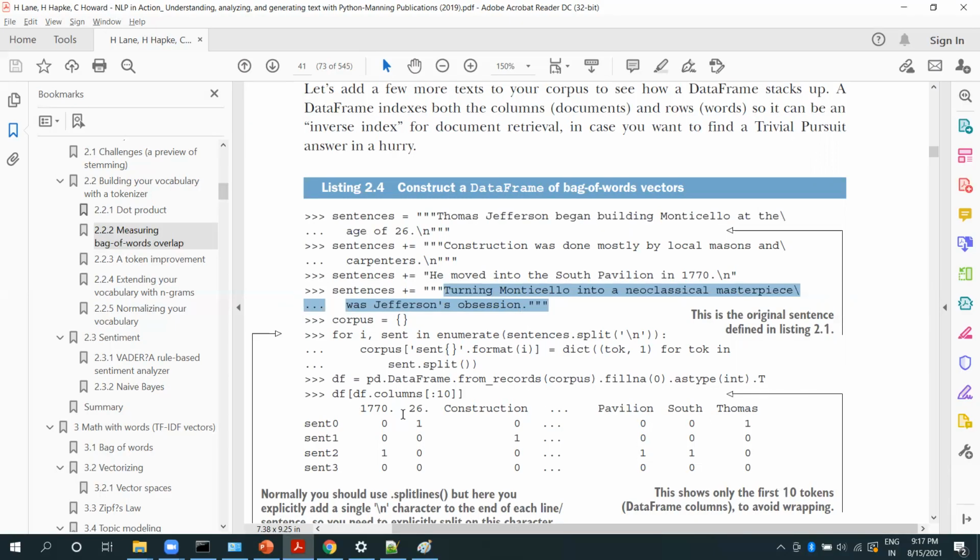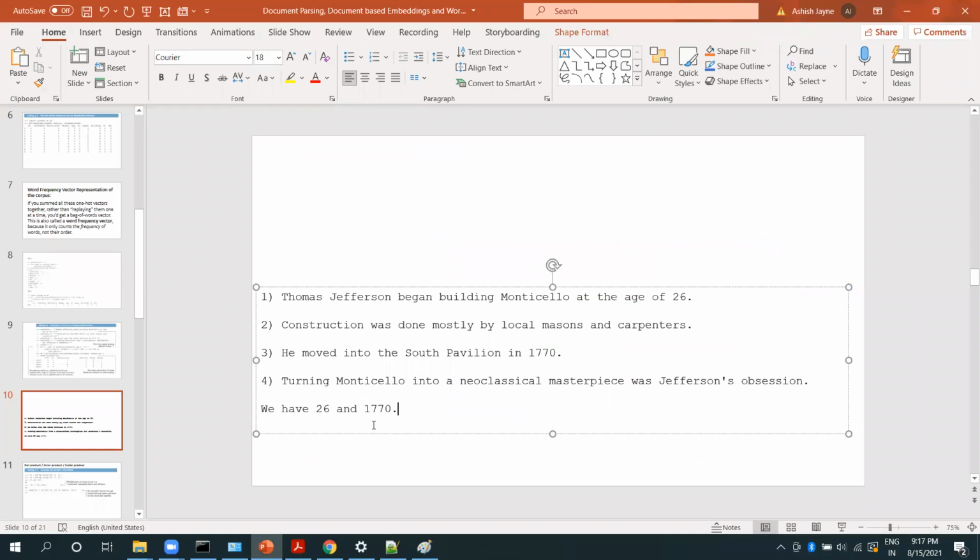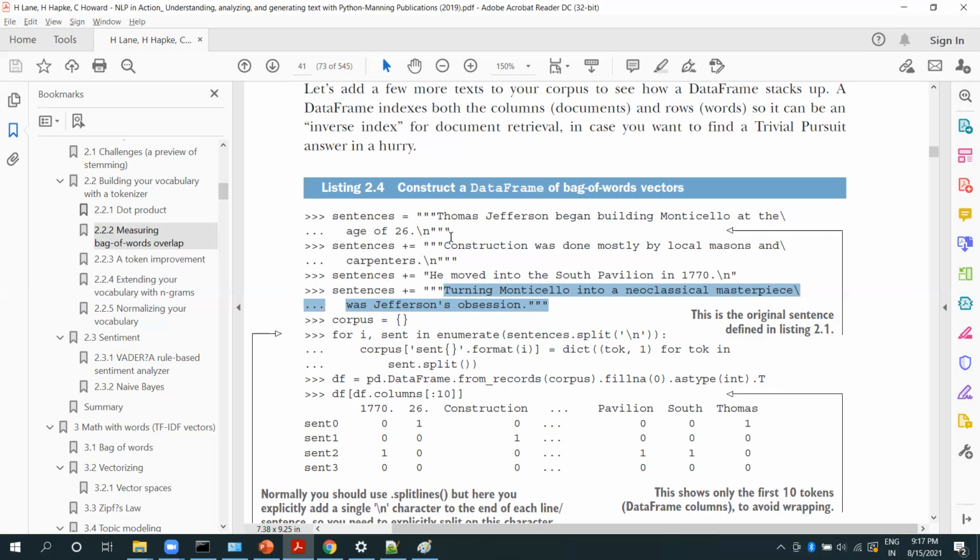If we start building bag of words for them, we would see that 26 is 1 for sentence 0, but 1770 is 0. 26 is 1 for the first sentence, and 1770 for the first sentence is 0, because 1770 is not here.